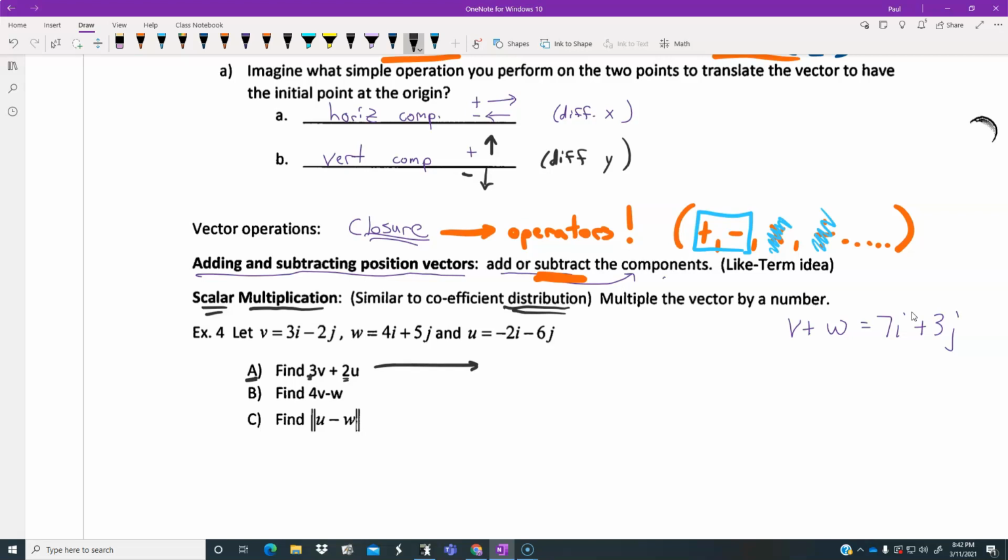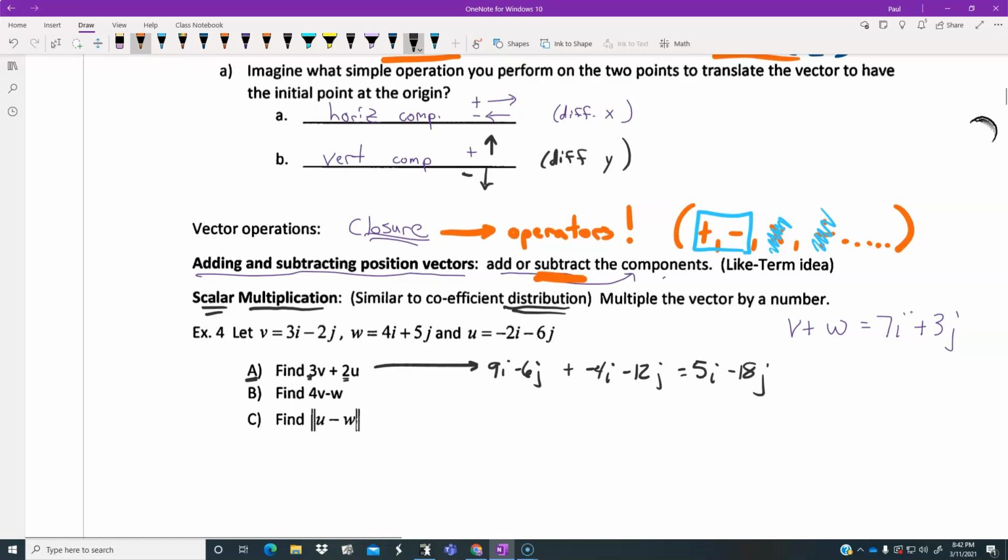So you're really adding 9i plus negative 6j, and the 2 is being doubled on the u, negative 4i, and negative 12j. And you would add like components here, and the actual new vector would be 5i and negative 18j. Pretty straightforward adding vectors concept.